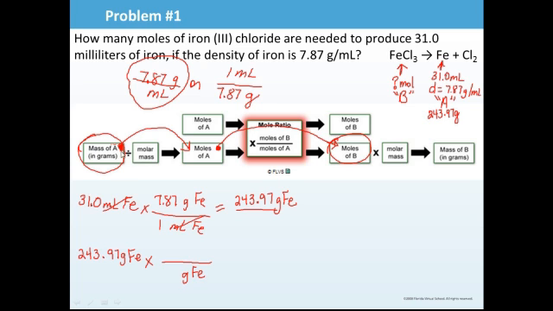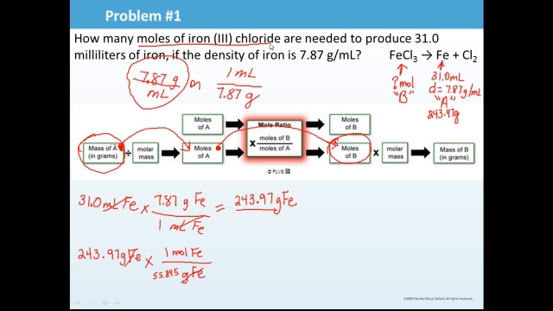And when we look at this flow chart, it says that we're going to divide by the molar mass. We already know that because grams are on the bottom. Molar mass, remember, is the mass in grams of 1 mole of your substance. We look at the periodic table. We see that the mass of iron is 55.845. My unit of grams of iron cancel. I'm left with moles of iron.